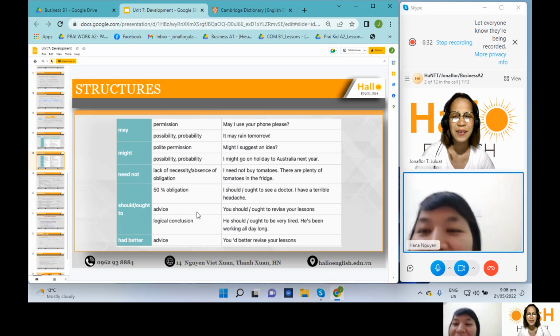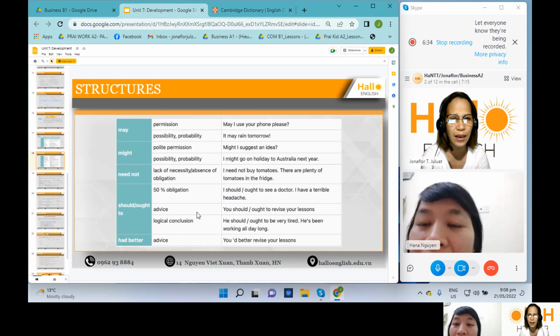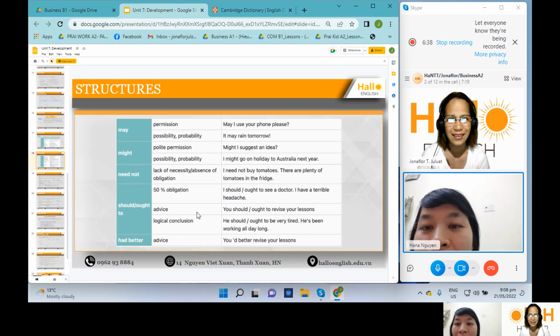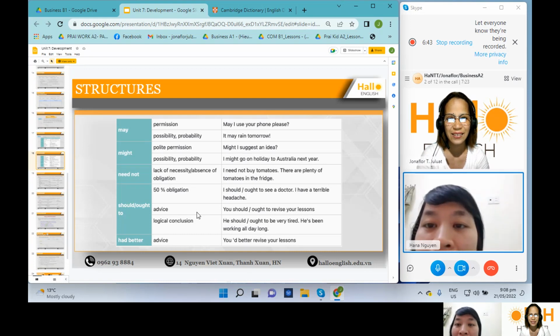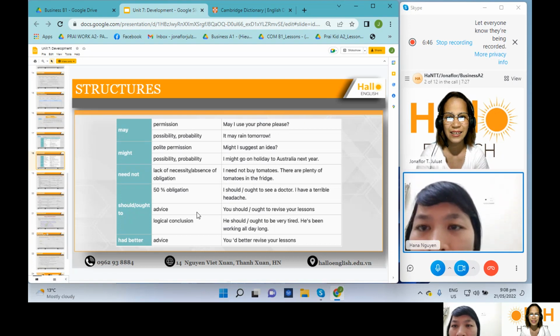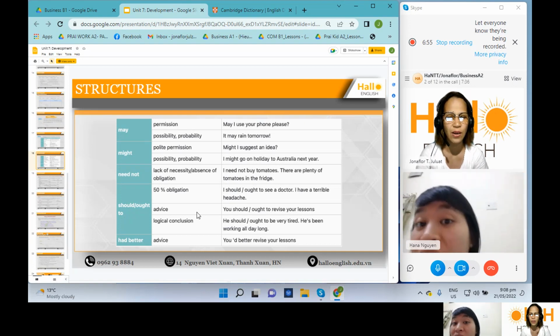Okay. So how about the modal verb need not? Need not: lack of necessity, or absence of obligation.